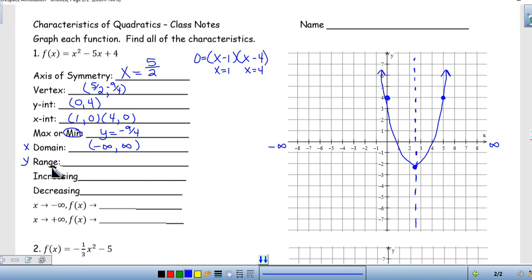Range is going to talk about your y values. And the way that you write your range is to always look at the lowest y value and then the highest y value. So the lowest y value will also be found at the vertex. The lowest y value for this graph is negative 9/4.